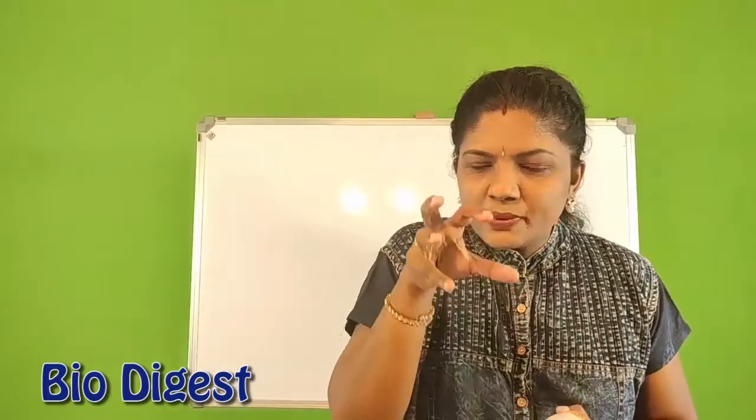Welcome to Biodigest. Every organ in your body requires the involvement of the circulating body fluids, isn't it? For example, the digestive system. What is the digestive system doing in your body? It is helping in digestion of food materials, then absorbing the nutrients.